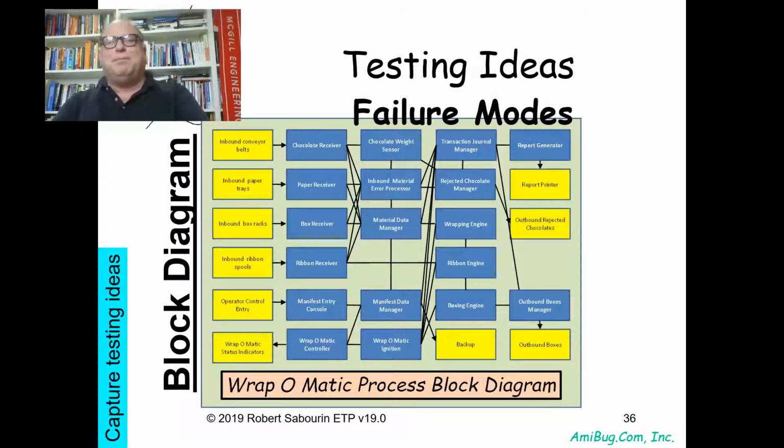These are all different boxes that do elements of the processing. And you will see connected to the box, there's lines or arrows which indicate some sort of relationship, sometimes directional, between the elements. So we know that the report generator is related to the transaction journal manager. The chocolate weight center is related to the rejected chocolate manager. So we have relationships between blocks, and we know this from a block diagram.